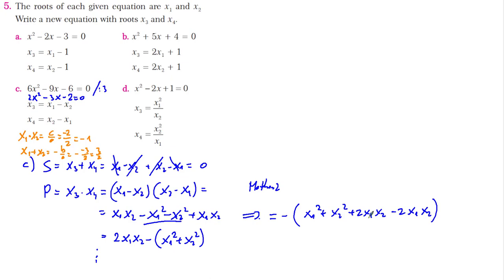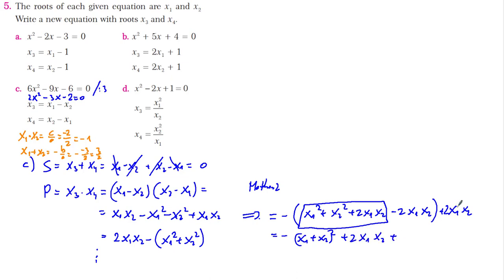Now I need to copy x1 x2 two times. Great. So now what do I have? This part is completing the square. So it's (x1 plus x2) all squared, and negative times negative, that's plus 2x1 x2, and again 2x1 x2 from here. So 2x1 x2. That means it's negative the sum (x1 plus x2) all squared plus 4x1 x2.